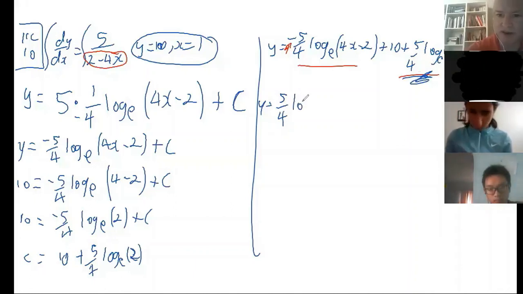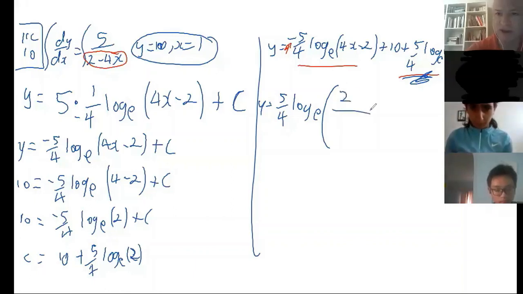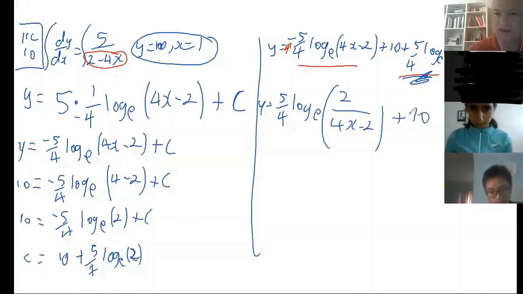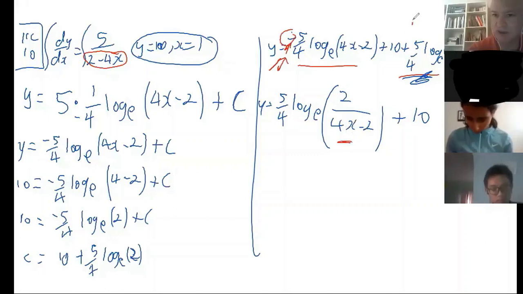So I get log e of the 2 divided by the 4x minus 2 plus my 10. Okay, so remember, this one being the negative is the divided by. There it is there. This one being the positive is at the front and goes on the numerator, as I've done here. Any questions about this line?